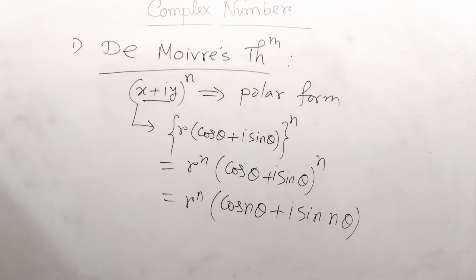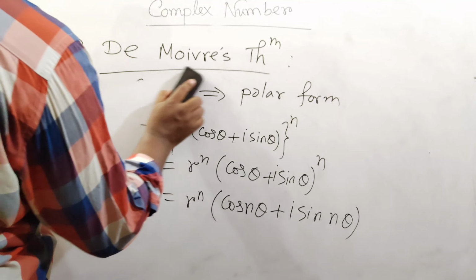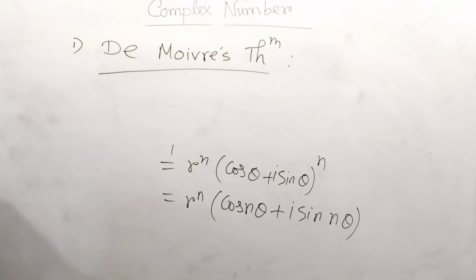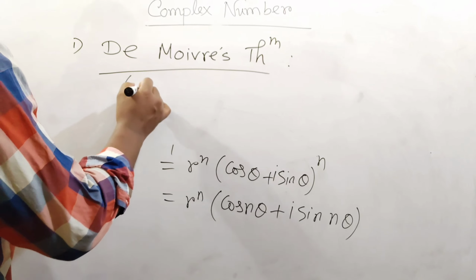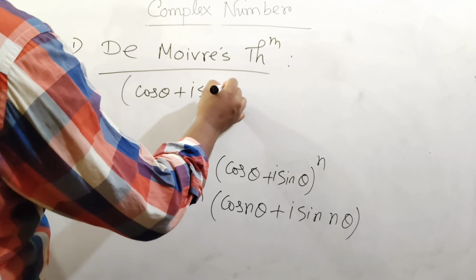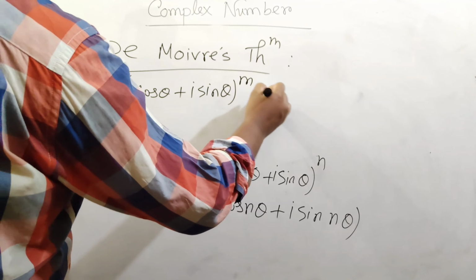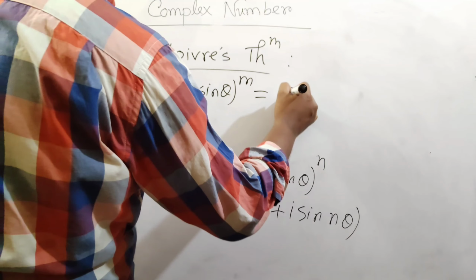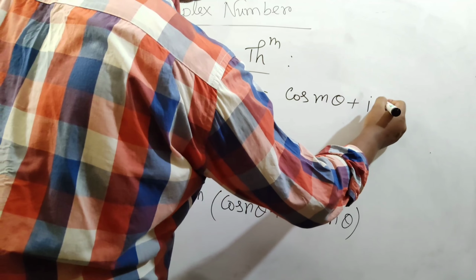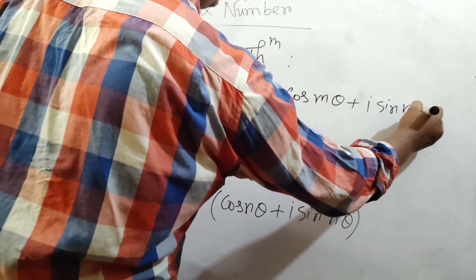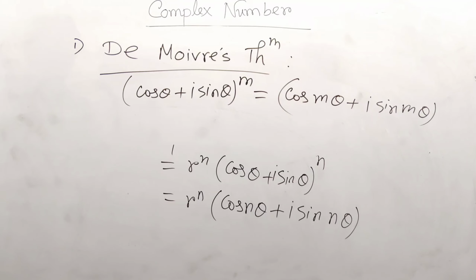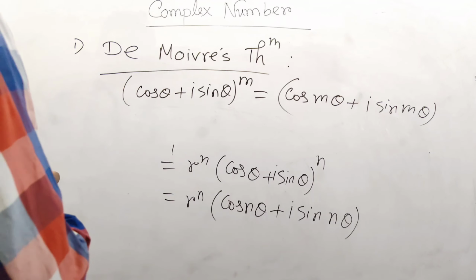So in short, de Moivre's formula is cos theta plus i sin theta power, let's say m, then it will be easy for you to understand. That should be cos m theta plus i sin m theta. So this is called de Moivre's theorem, and you must know this theorem.